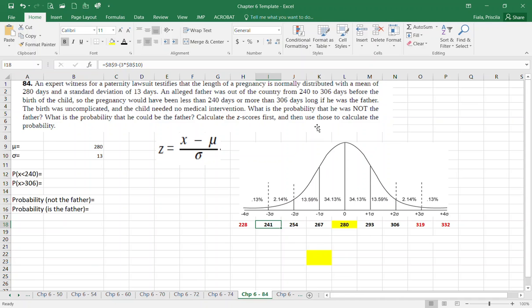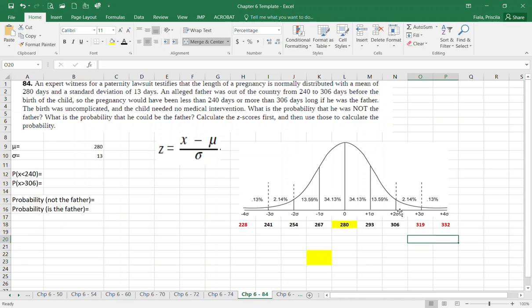what do you think? Do you think the probability that he could be the father is high? Well, just by looking here and knowing that he was out all this time right here, we're going to see it's very small. And you could answer, oh yeah, it's very small. We could go even further and say, you know what?